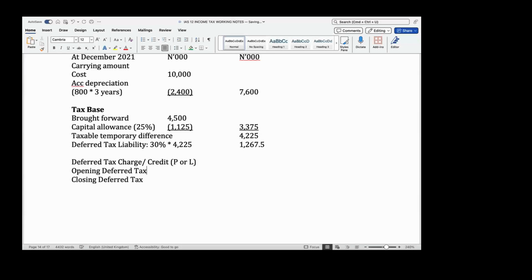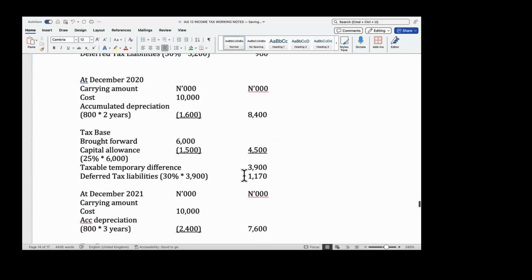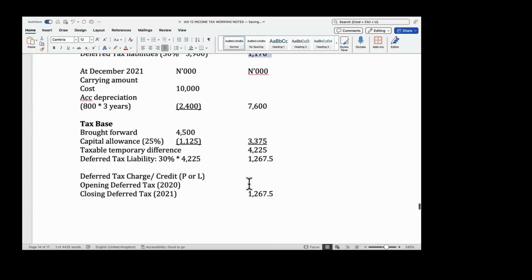So the opening deferred tax will be the deferred tax of the previous year, which is that of 2020, and the closing will be the current year. The closing is what we have computed up here, which is 1,267.5. The opening is that of 2020, which is this 1,170 up there.